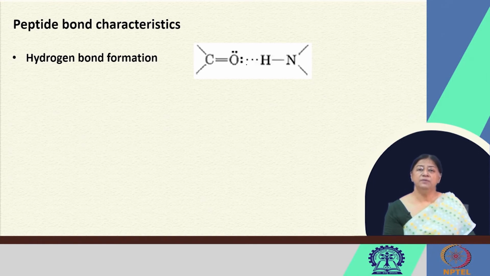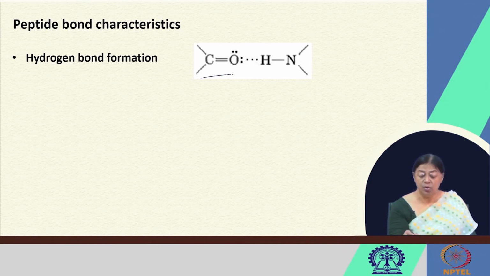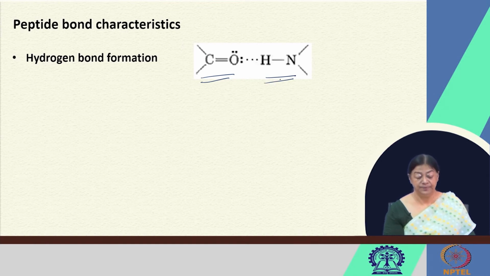Another important factor involved in peptide bonds, as we will see as we go along in understanding the interactions, is hydrogen bonding possibilities between the C double bond O of the backbone and the NH of the backbone as well.